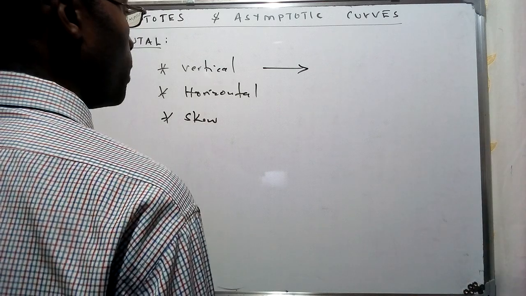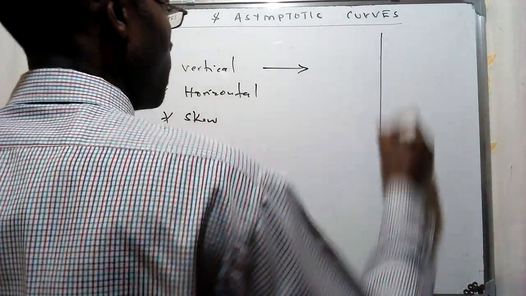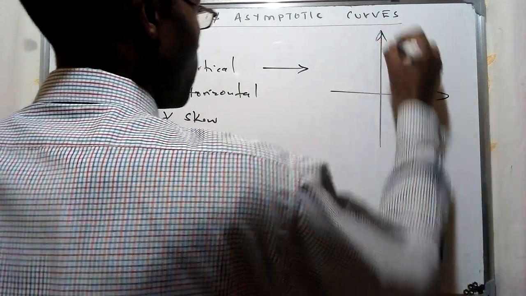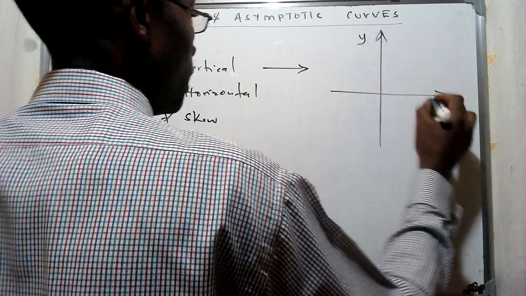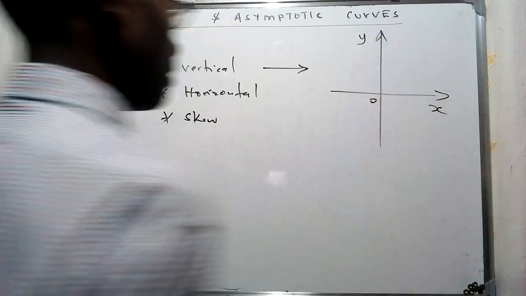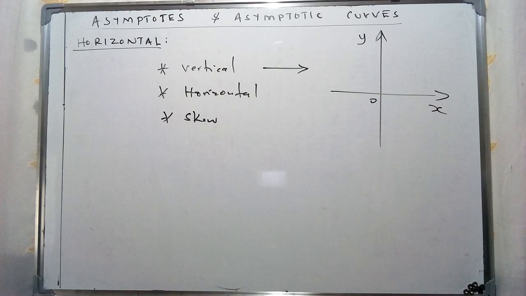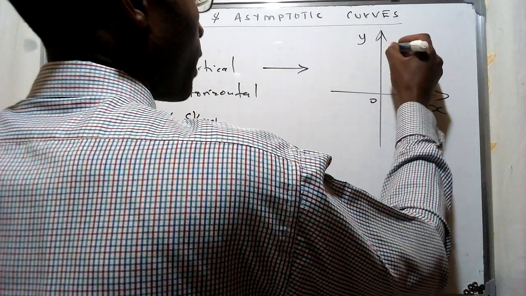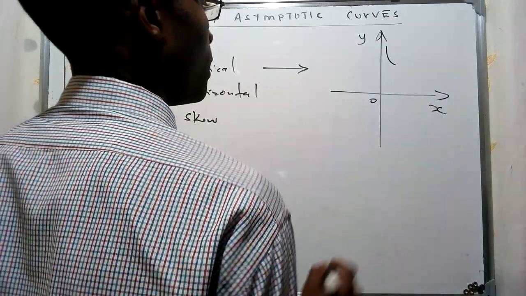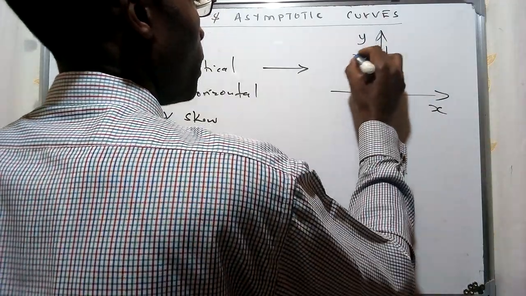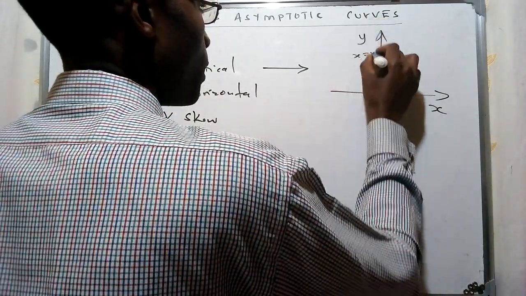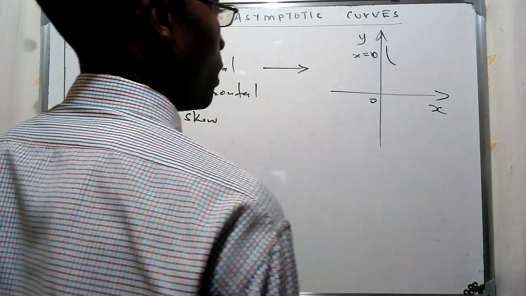In our previous video, I said that we can represent a vertical asymptote by the use of the two axes of the Cartesian coordinate system. If we have a line or a curve that is approaching this axis, which is equivalent to x equals 0, however close it may come to this one, it's not going to touch.